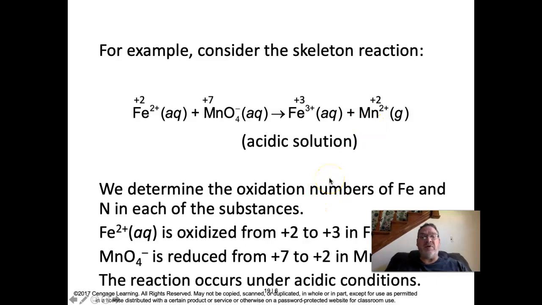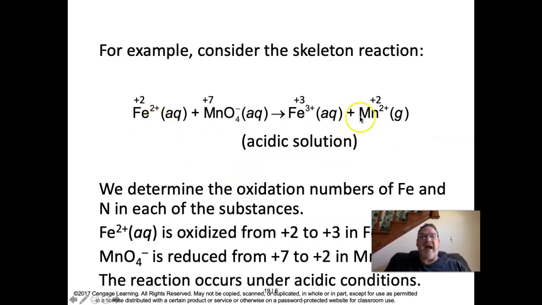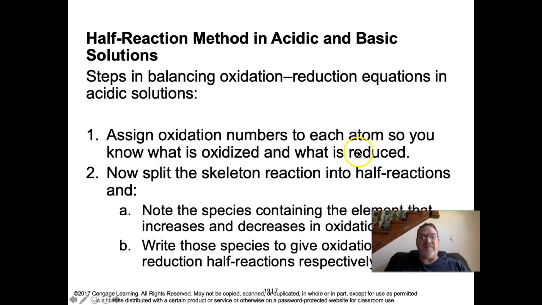Okay, so we are going to balance these. We start with the oxidation numbers, but we're going to take this reaction and any other reactions and split them up into half reactions. So what we would do with this particular reaction, we'd take the iron, and that would be a separate reaction, and then the manganese would be in a separate reaction.